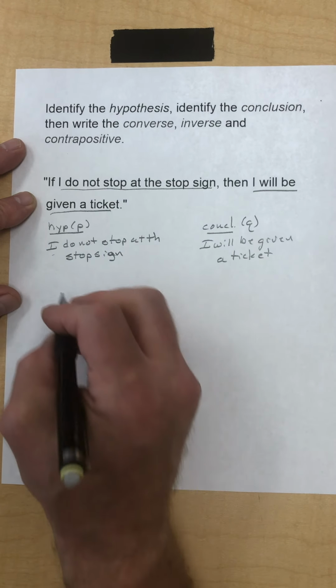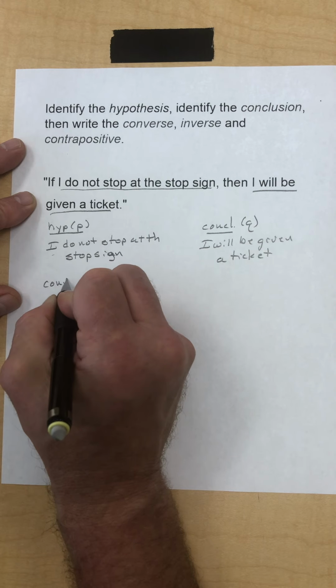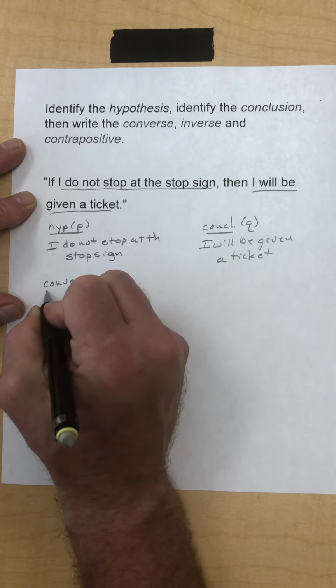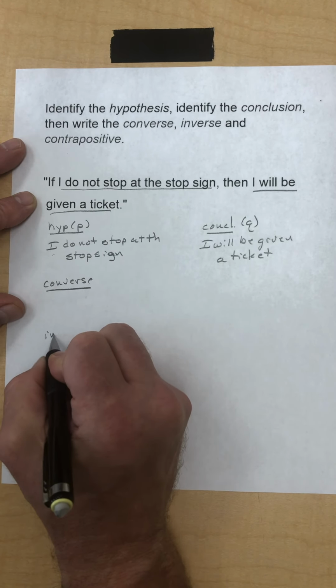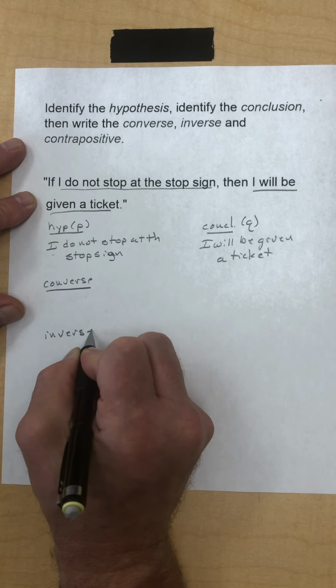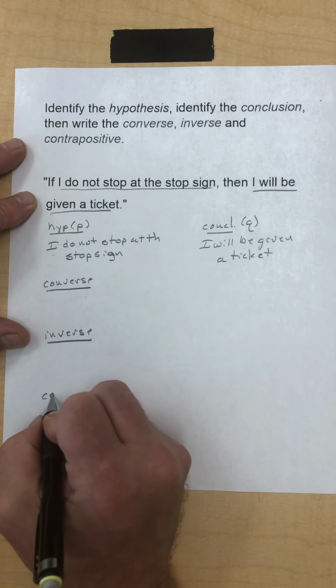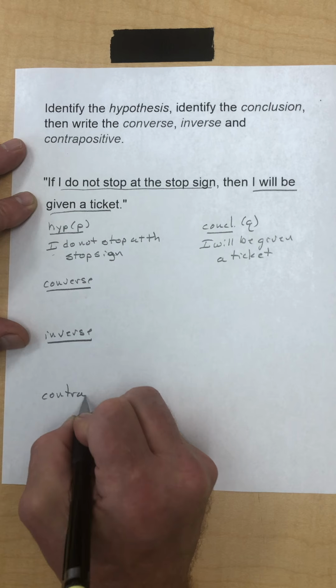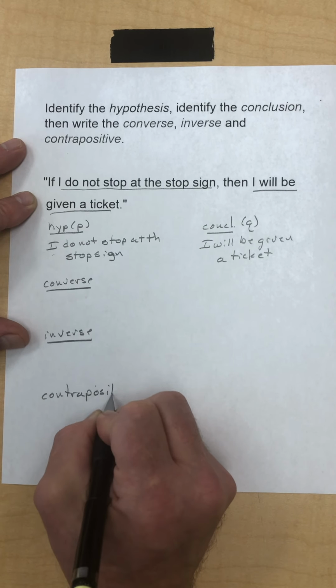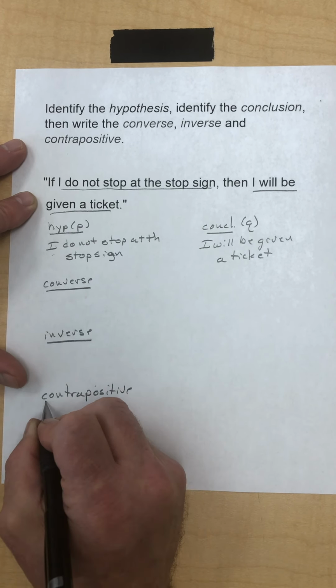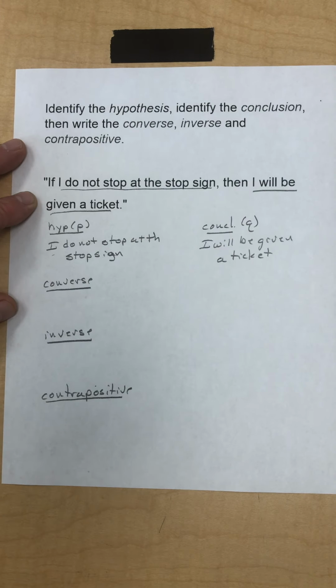So we've got to do the converse, the inverse, and then the contrapositive. Again, we just keep coming back to this.